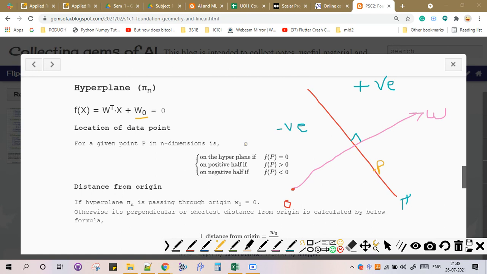W0, don't forget about the bias term, like me. So in this equation of a hyperplane, if you put the coordinates of p, which can be as simple as 3, 2, 1, right? Any coordinates which we are given. If you put x1 equal to 3, x2 equal to 2, x3 equal to 1, and if you get 0, that means the point is on the hyperplane, right?